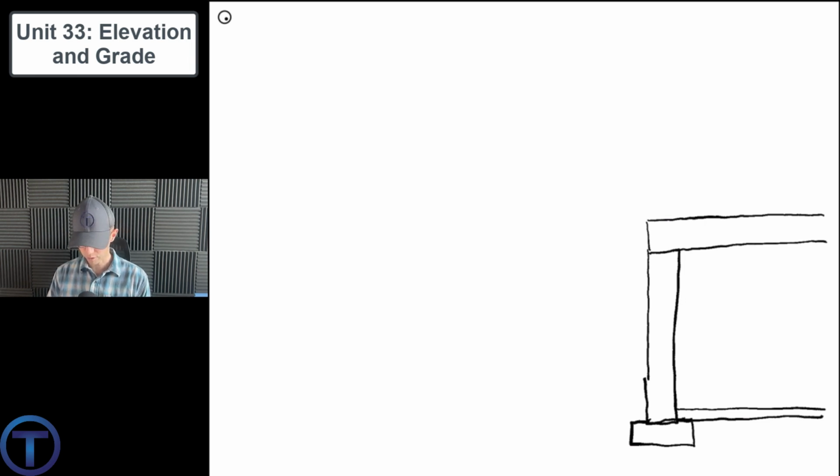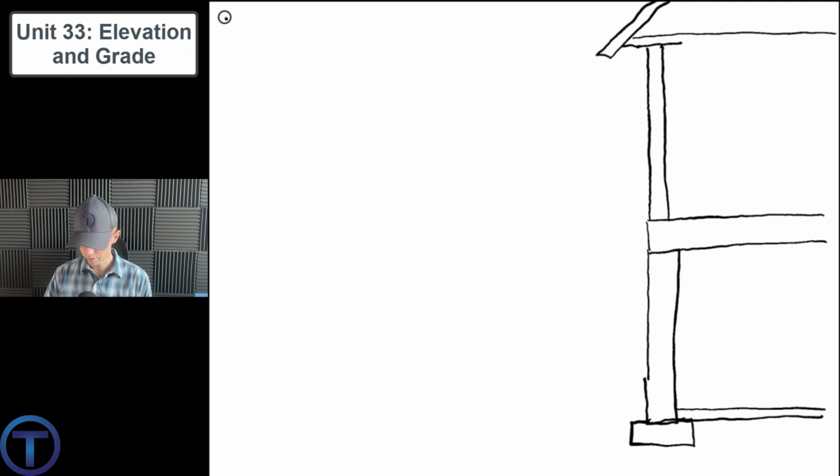We have the floor, so you've got floor joists sitting on top of a foundation wall. And then the wall goes up onto that first floor. This is going to be a frame wall, right? Coming up that way, and we'll have some trusses that form the roof. So here's our building. And we're going to have some measurements in reference to this.